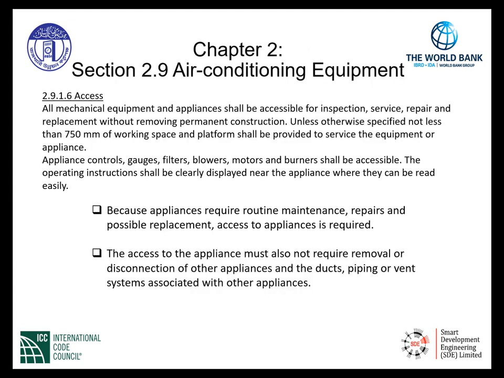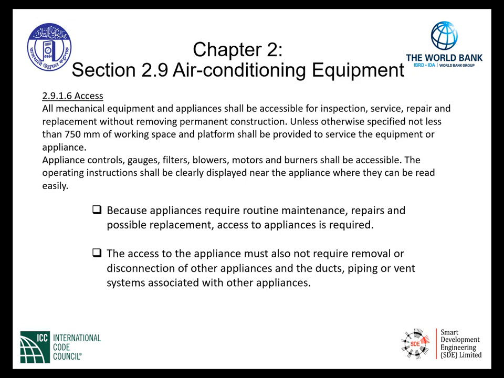Section 2.9.1.6 gives us a requirement for access, air conditioning equipment access. It indicates that all mechanical equipment and appliances shall be accessible for inspection, service, repair, and replacement without removing permanent construction, unless otherwise specified.